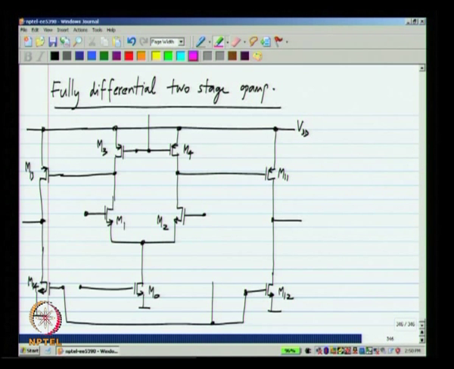There are now many more options. Okay. One possibility is we start with, remember the first stage here, this is a single stage fully differential op amp, right, this part of it.